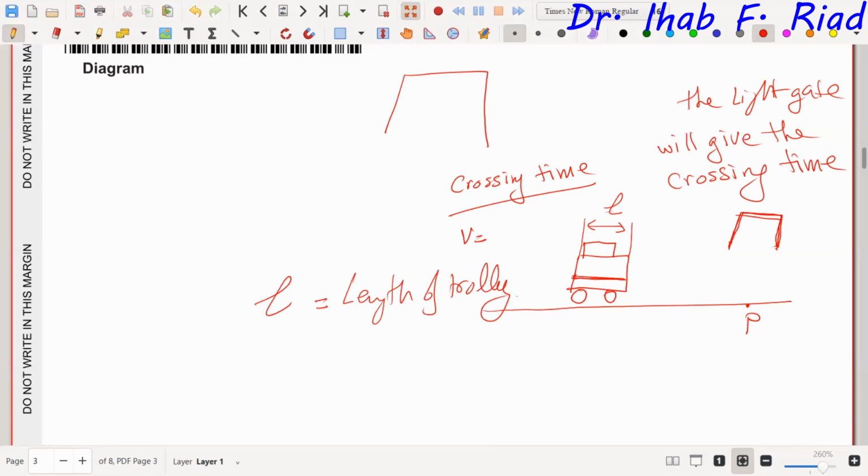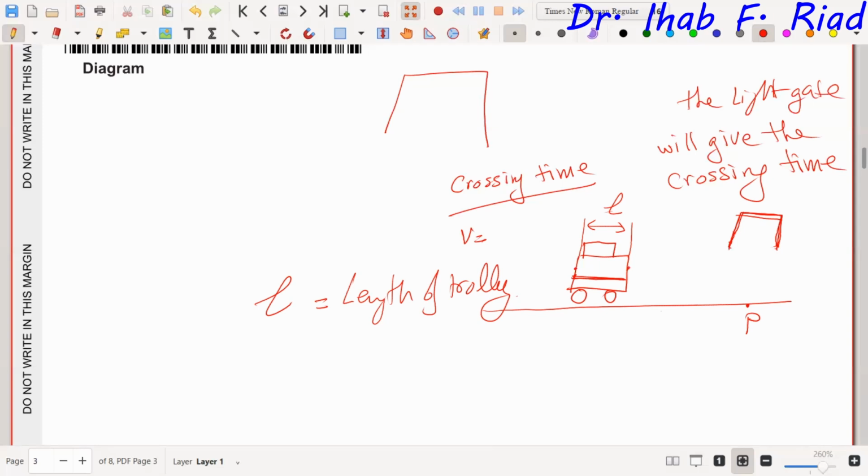So when this side of the trolley went through the light gate, the light was blocked, right? Yes. And it didn't come back again till the whole trolley moved through the light gate, right? Right. So the light gate is going to tell us how long it took the trolley to cross, for example, 2 seconds.